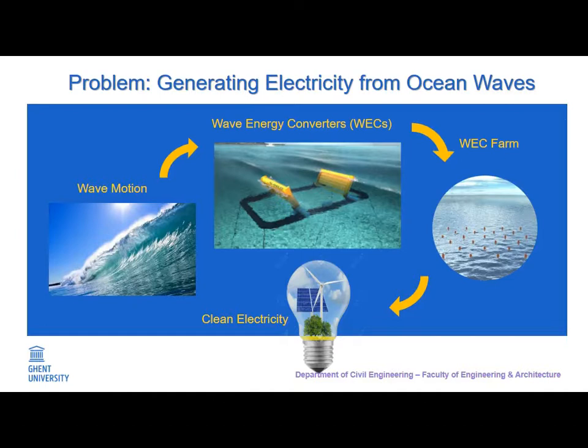Therefore, on the right, you see something which is called a WEC farm, which is basically an agglomerate of these devices that enables scaling effects, which then eventually serve to reduce the cost of electricity produced. Finally, on the bottom, we have what we hope is a successful result. That is clean electricity from the motion of the ocean, which will go to power your home sometime in the near future.